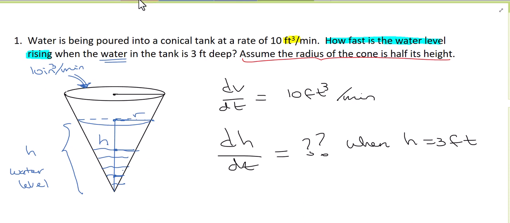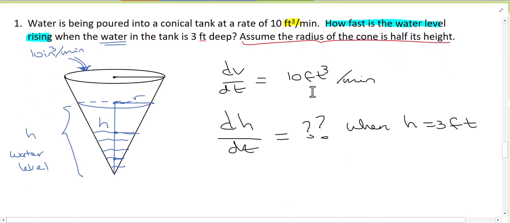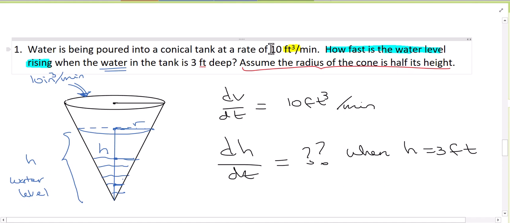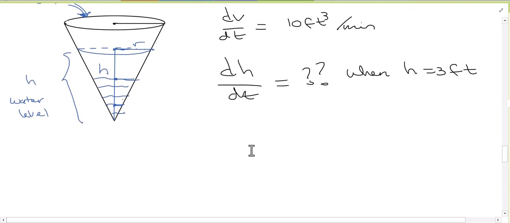What is step 3? Step 3 is write an equation relating the variables in the numerators of your d-whats. The only rates of change given to us are the rate of change of volume, and we're looking for the rate of change of the water level, the height of the cone. So we want a formula that relates V, the volume, and the height in a cone.